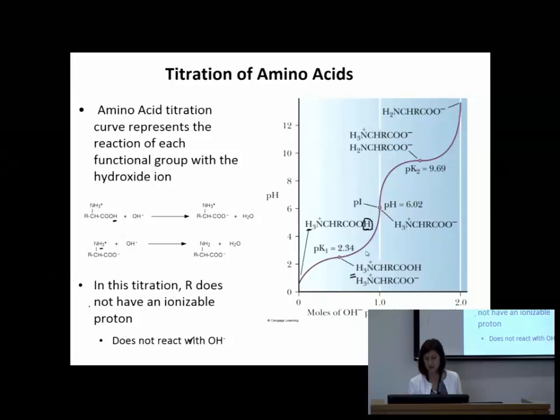Do we have the acid form or the conjugate base form? The conjugate base form, until it's fully neutralized. When it's fully neutralized, we don't have any more of the acid form. So this is your equivalence point.